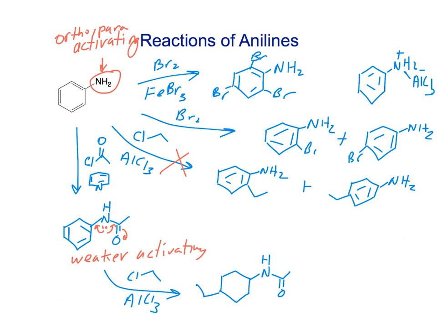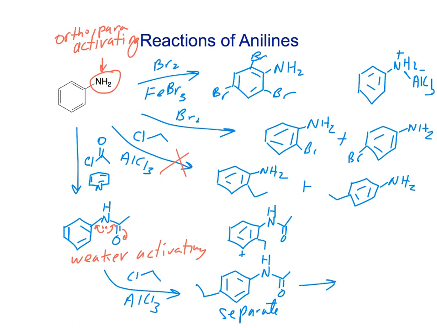Let's say we're going to get both of these. Maybe we want just the para though. Let's imagine that. And so we'd have to get this mixture and then we'd separate these, to get the one we want.